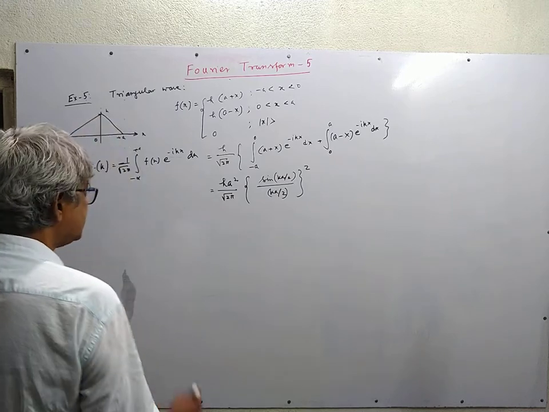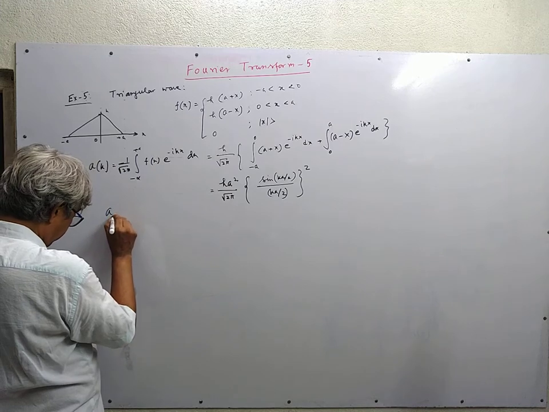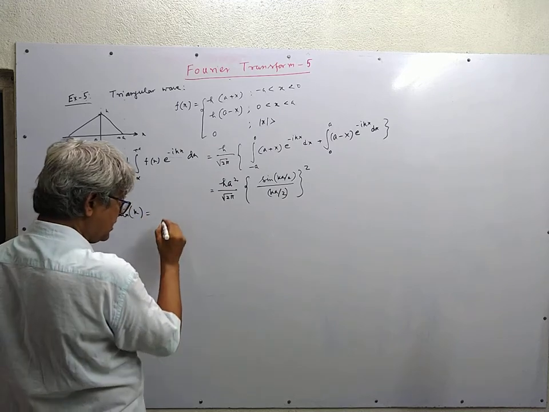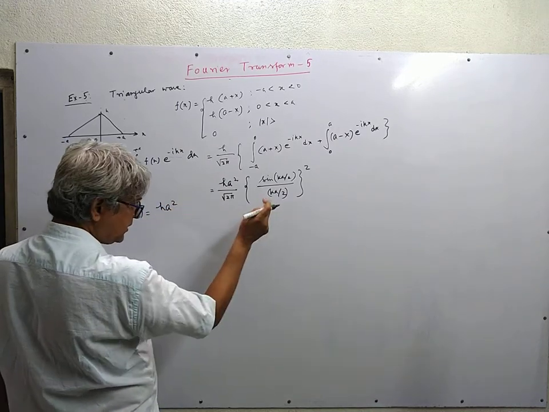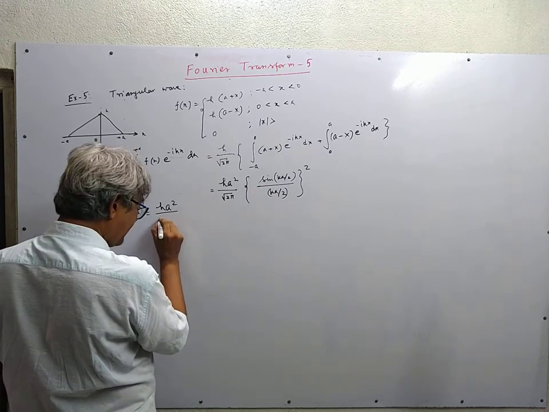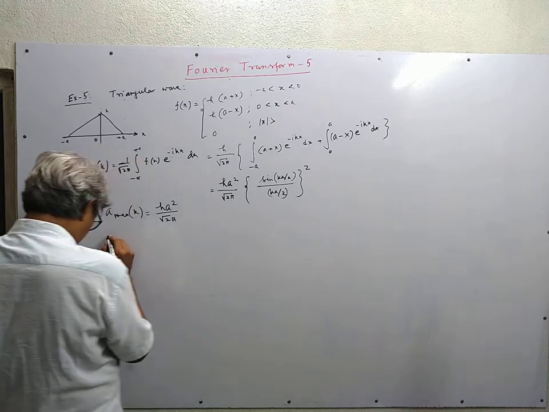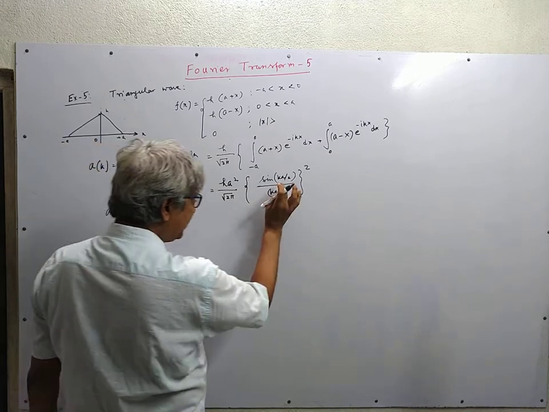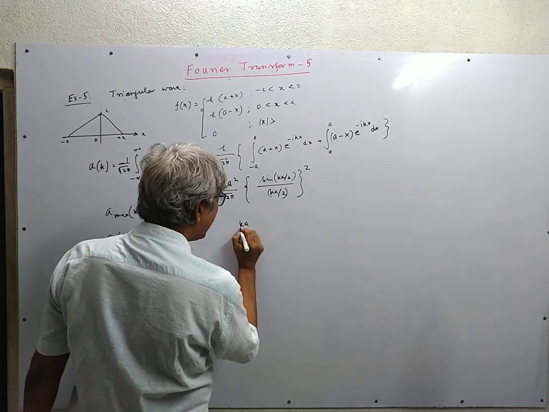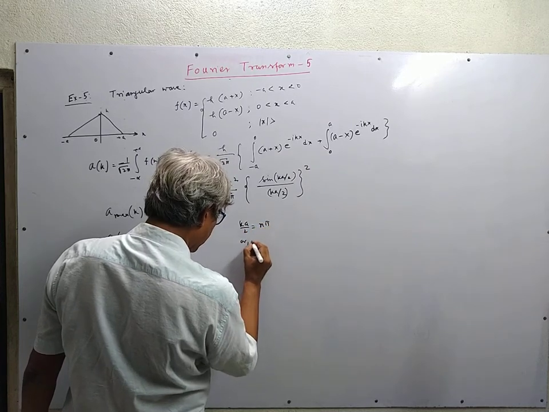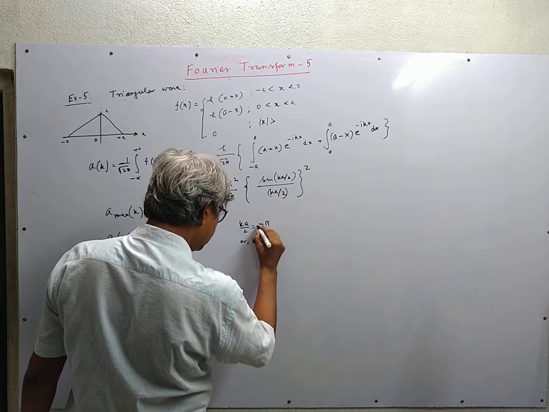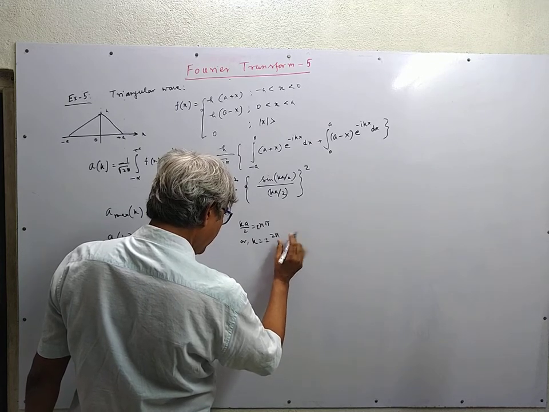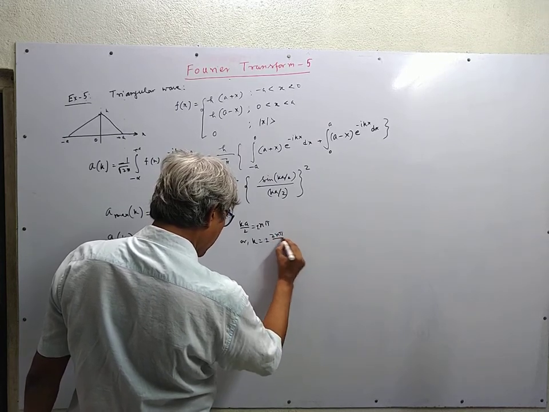The peak value A max occurs at k equal to 0, and A(k) is 0 at which ka by 2 is equal to n pi, or k is equal to plus minus 2n pi by a.